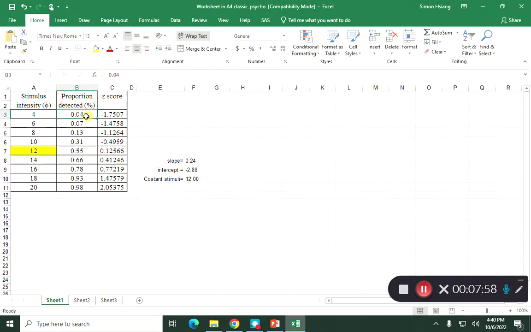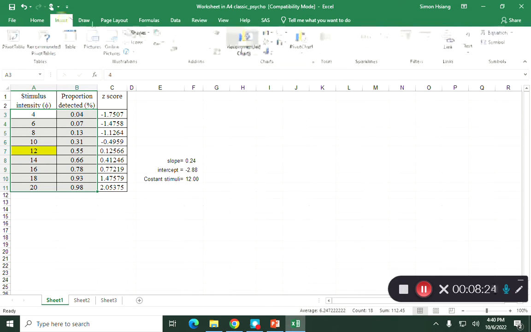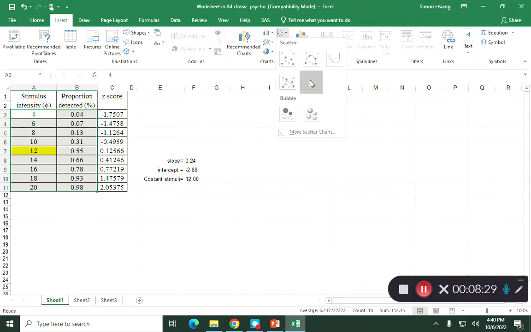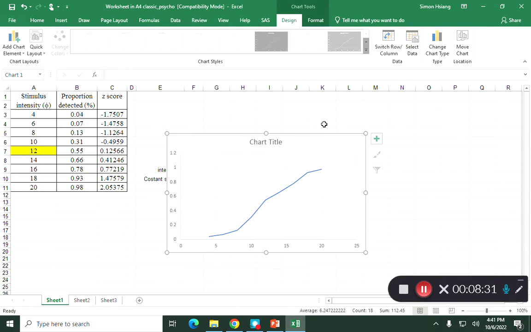And when I first start, if I give you 100 trials, only 4 times can you hear it, or at a very, very low level. Here 7% of the time people say, yeah, I can hear it. But 20% of the time, as you see how high it gets, you're going to end up at 98% of the time. So first things first, if you plot this curve between, okay, let me do it.